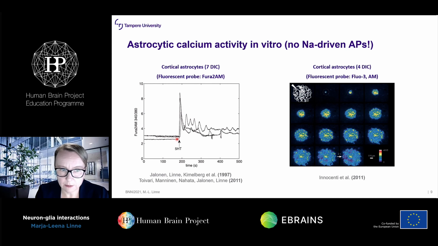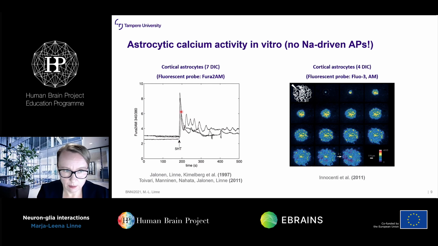And I would like to point out, as the title says, that astrocytes don't have the sodium-driven action potentials like we knew from the early work with neurons, but instead they have calcium activity in vitro.